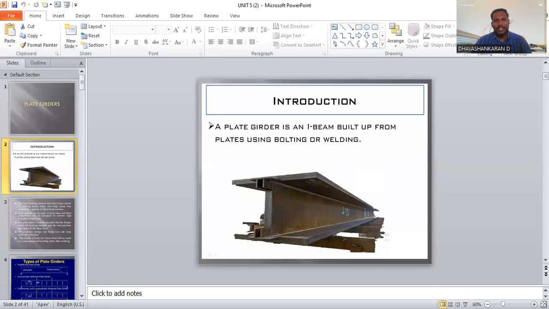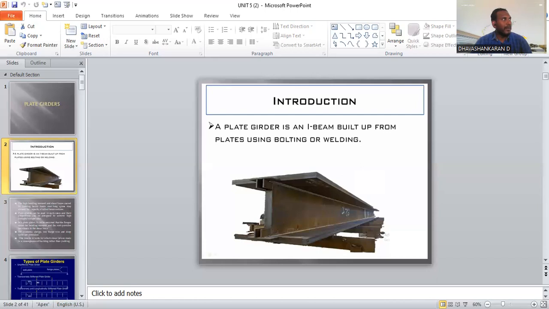Here the section classification comes under the determination of the optimum depth of the girder by the relation d equal to (M by k divided by Fy) power 1 by 3. The 1 by 3 is taken as 0.33. The k we have to find out is k equal to d by tw.